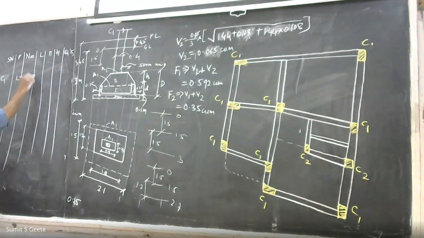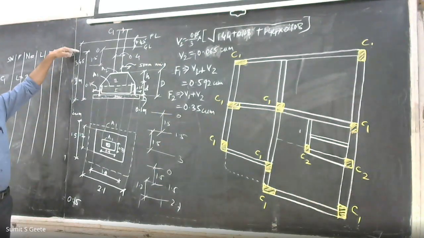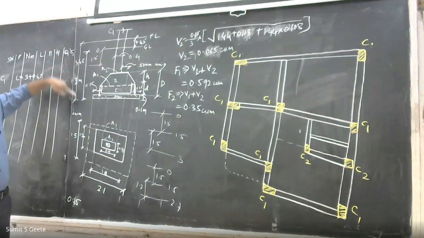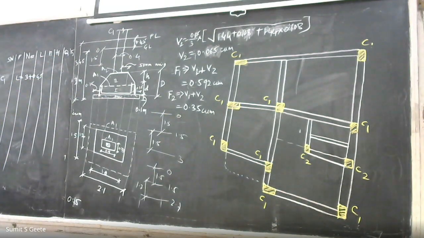3 plus 0.45. 3 is the depth of excavation, 0.45 is the plinth height. This is 3 meter, यहाँ से यहाँ तक, and this is 0.45 minus what? Thickness of PCC, minus capital T. C1 किस फुटिंग पे?